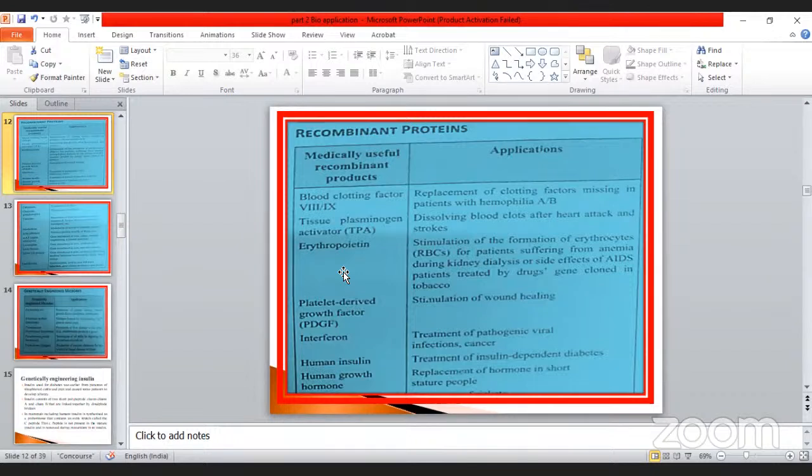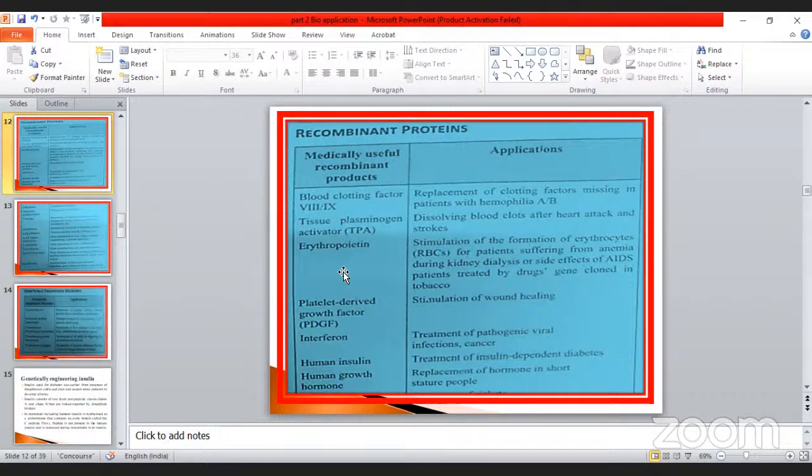And the next one is human growth hormone. Human growth hormone is very, very essential for growth. It is used as replacement of the hormone in short stature people. Some of the persons, you know about it, due to growth hormone deficiency, some people you can see are very short in nature, dwarf, due to genetic disorders or the lack of growth hormone.